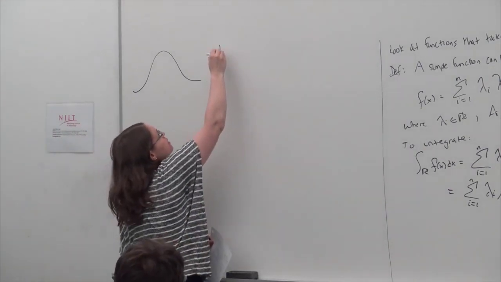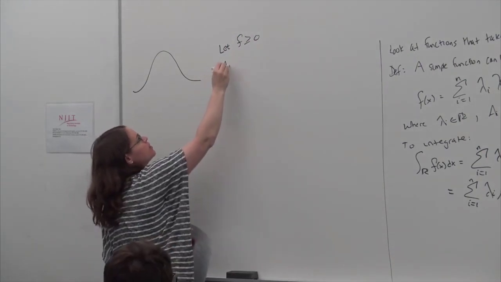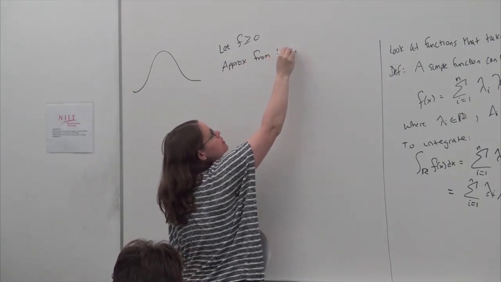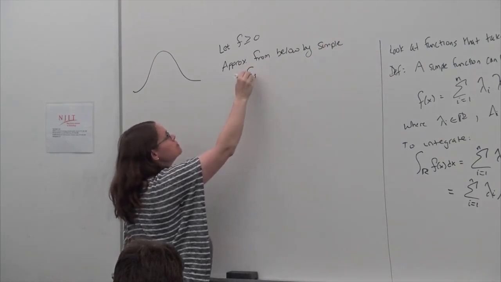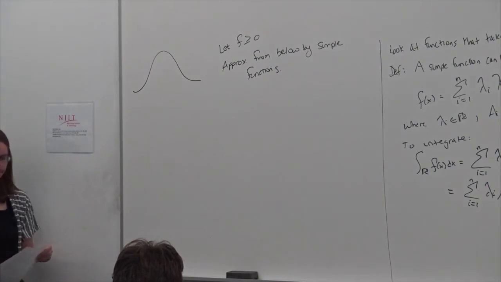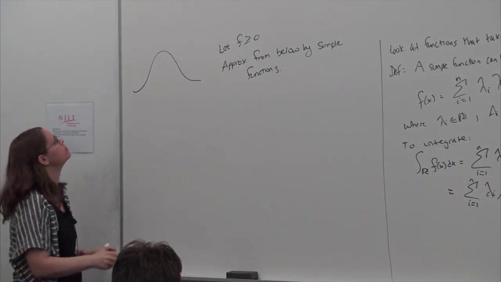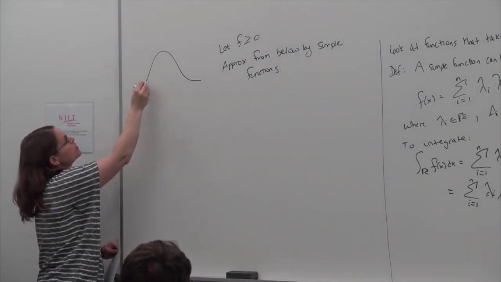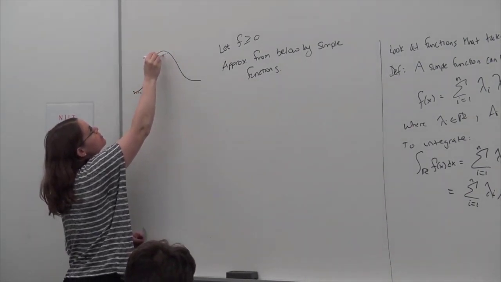Okay, so let's let f be non-negative, and let's approximate from below by simple functions. Okay, so it would be something like this. Simple functions that always lie below the function that I actually care about.